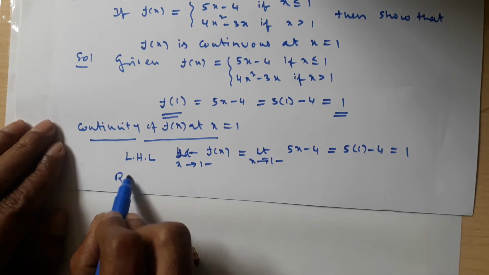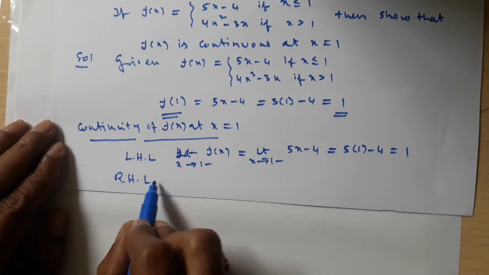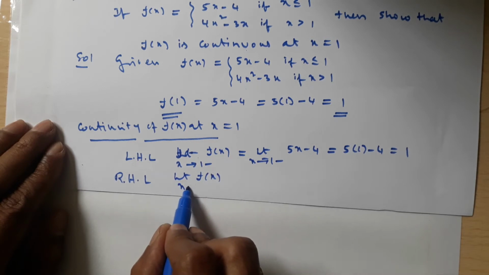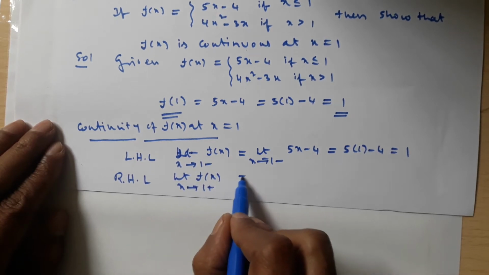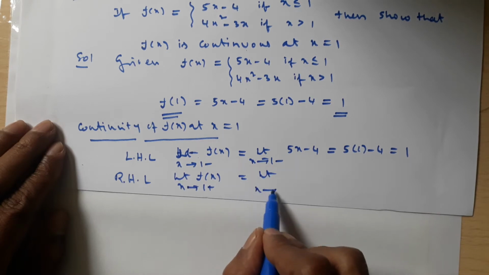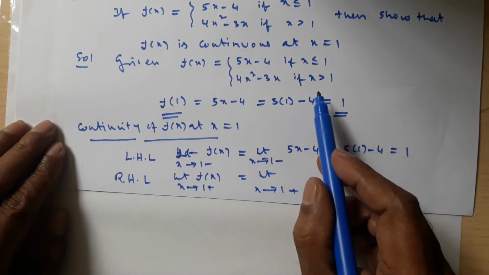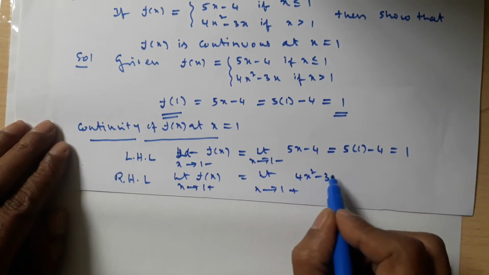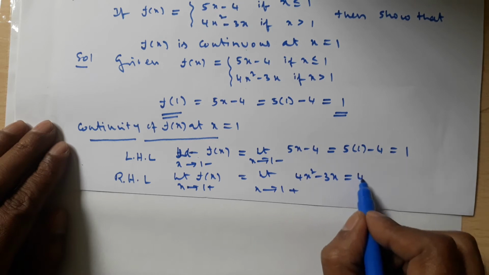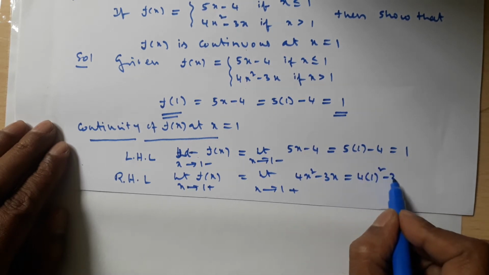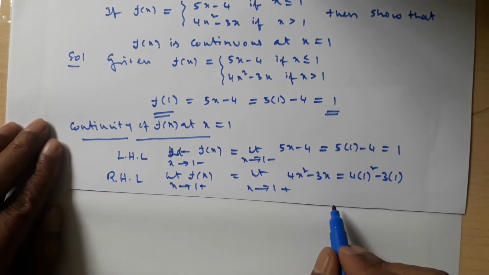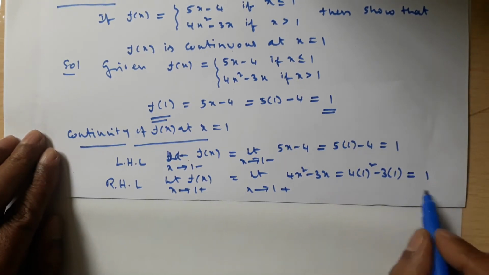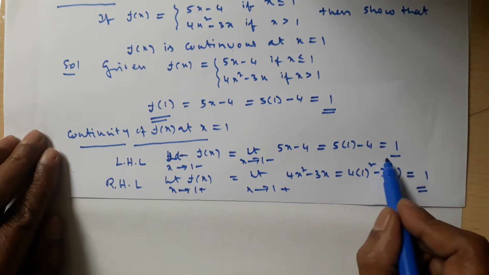Now the RHL: limit f of x as x tends to 1 plus. The function was defined for x greater than 1 as 4x squared minus 3x, which is 4 into 1 squared minus 3 into 1, equal to 1. So here it is 1, and here it is also 1.